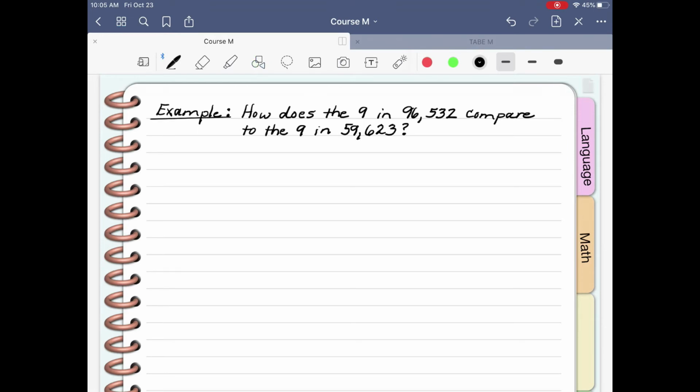Alright, so we are comparing the value of the digit 9 in two different numbers.